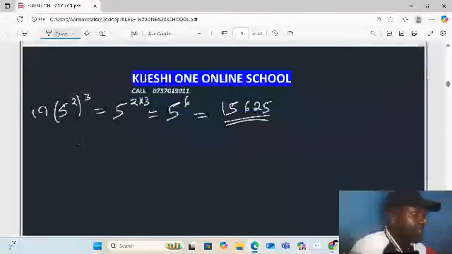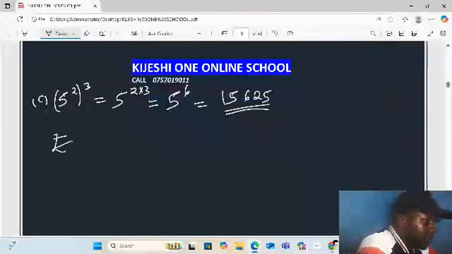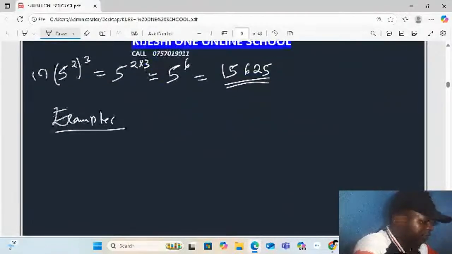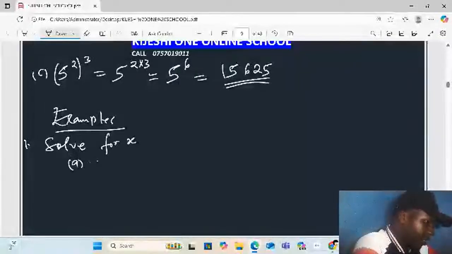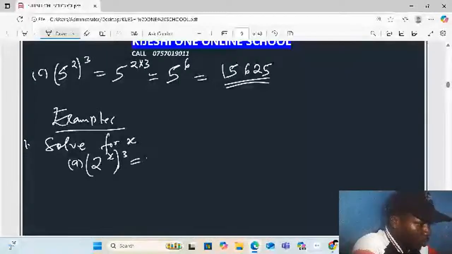Let us look at more examples on the same. Solve for x. Now A, we have 2 raised to x, in brackets power 3, is equal to 2 raised to 12.